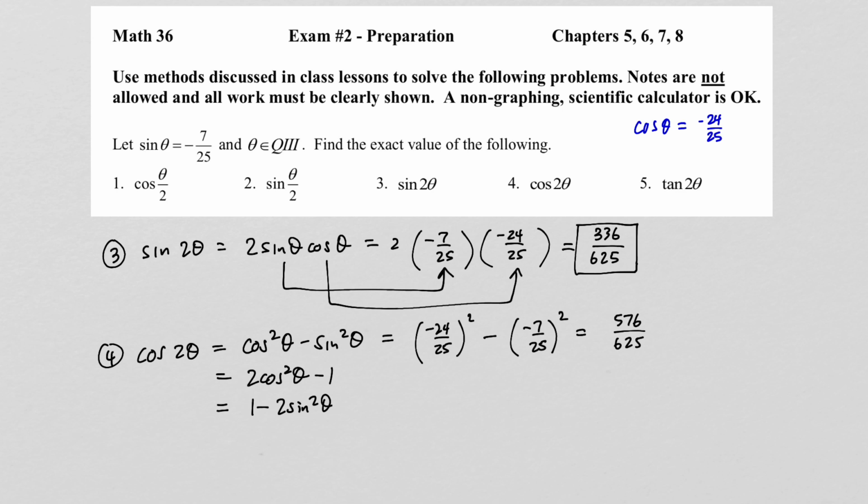This negative stays. And when you square negative 7, you get positive 49. And then, of course, over 625. And now we just need to subtract 576 take away 49 is 527 over 625.